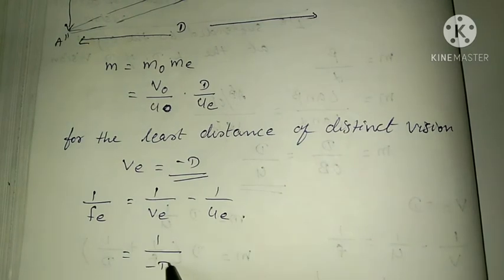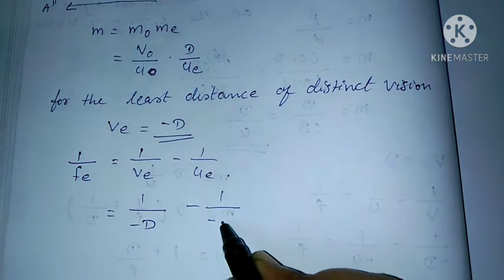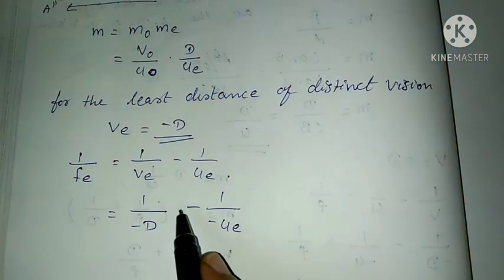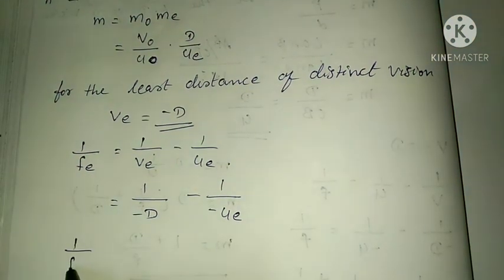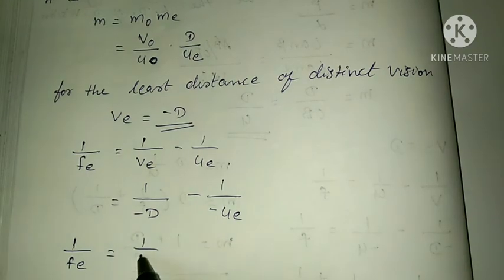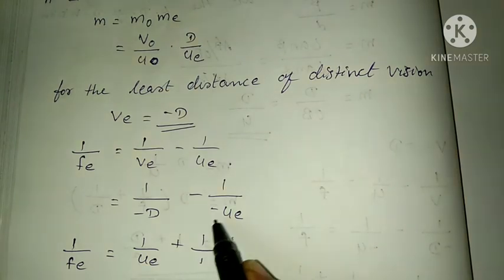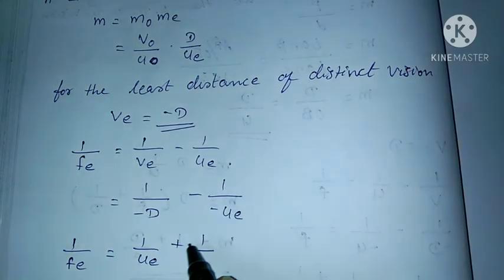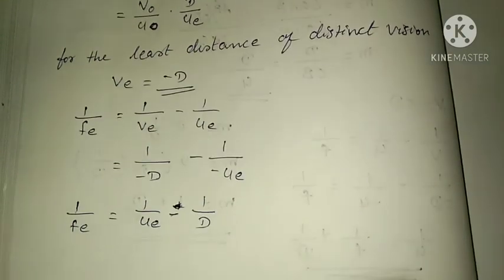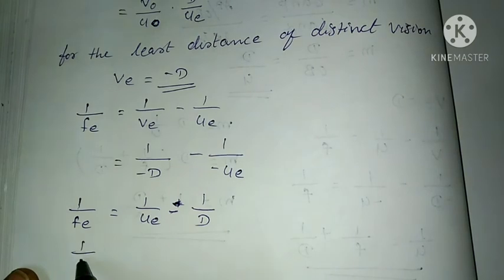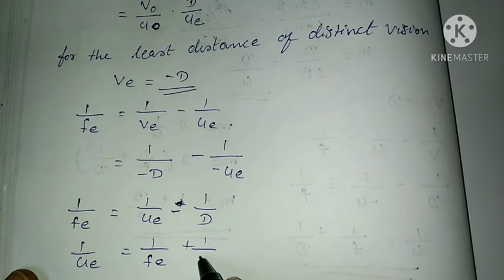That is minus D. We can also substitute the sign, minus 1 by D minus 1 by UE. So 1 by FE equal to 1 by UE minus 1 by D. Clear? So from this we can write 1 by UE equal to 1 by FE plus 1 by D.